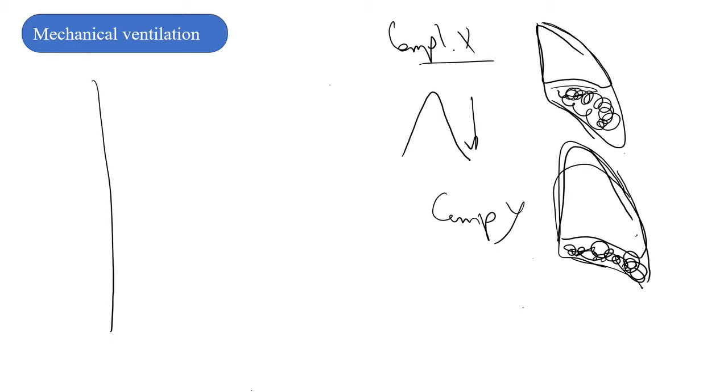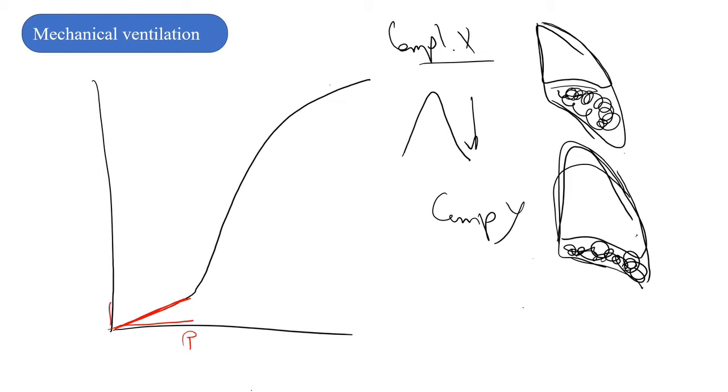This could be represented by the pressure volume curve. In the early phase of the pressure volume curve, there will be a big increase in the pressure in relation to a small change in the volume, and this represents an area of low compliance, which is caused by the collapsed alveoli.